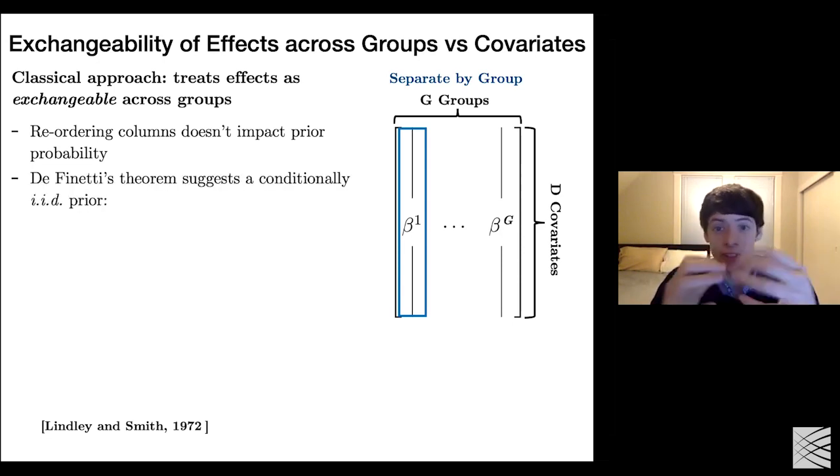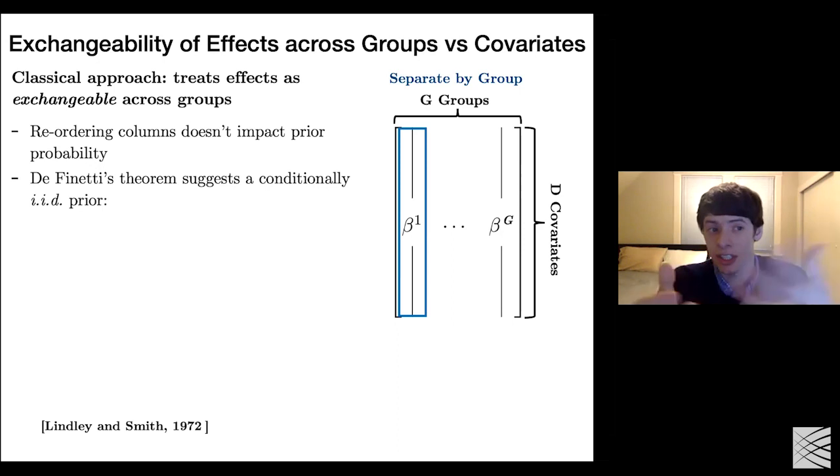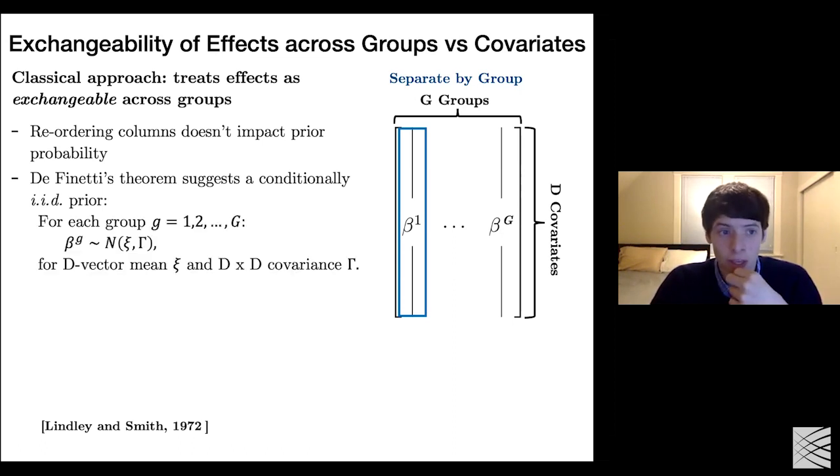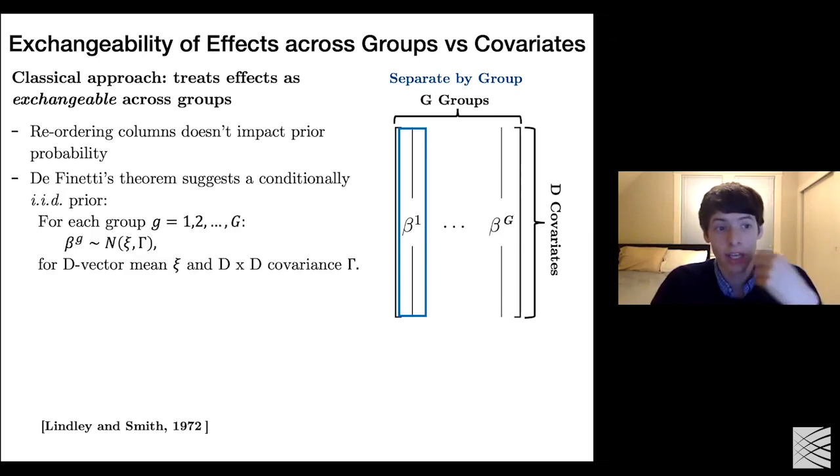And the significance of this assumption is that this somewhat fundamental result of probability theory, de Finetti's theorem, then suggests a conditionally IID representation of a prior that must exist under this assumption. And although de Finetti's theorem doesn't tell us exactly what the form of this prior should be, a particularly simple option is to use a multivariate Gaussian prior.